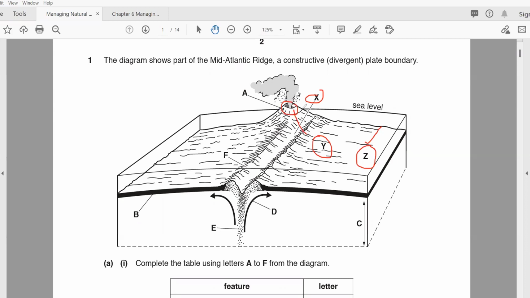Magma is coming from here. Any idea? No. Okay. See here, for example, if the lava comes here, it takes a long time to reach here as compared to X and Y. If any new lava comes, it will come first to X and then Y.